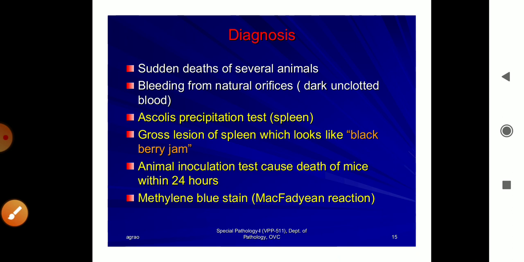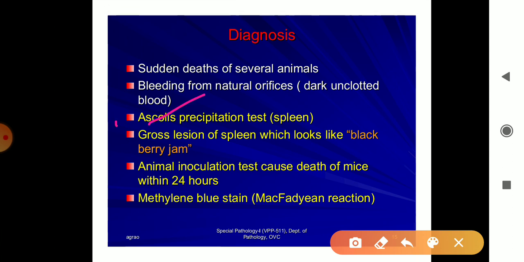Diagnosis is the sudden death of several animals with bleeding from the natural orifices. You have to verify the tarry color, actually unclotted blood, there is no clotting of the blood. Then the Ascoli precipitation test, which is the work of a microbiologist, taking the spleen lesion.